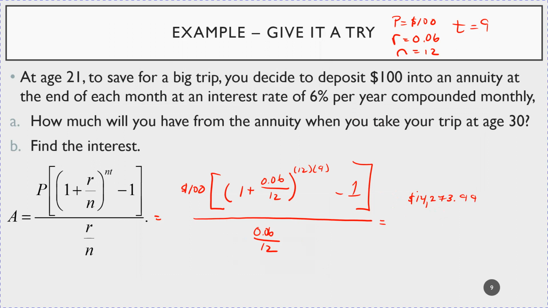Okay. So again, the last part here, you can see the pattern here. Let's find out how much of this was just interest.